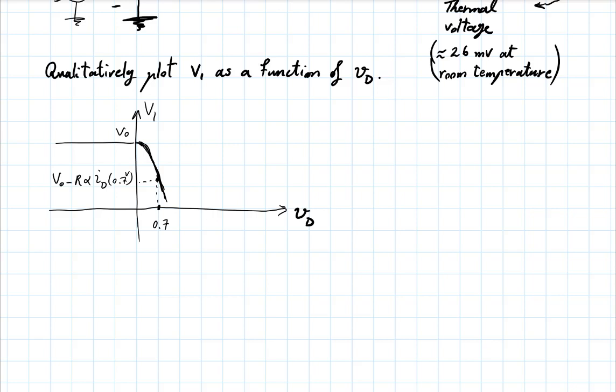This is very interesting because what it's saying is that for a small range of variations of the input voltage, if I'm somewhere here, the output is changing, let's say, from this point to this point. So for a small range of variations on the input, I have a pretty large range of variations on the output. This is what you can accomplish with a diode circuit. Okay?